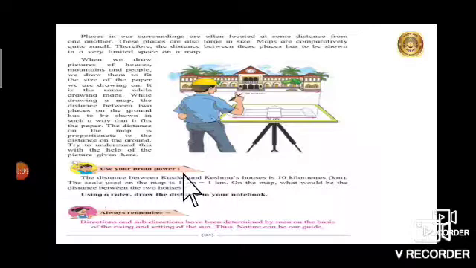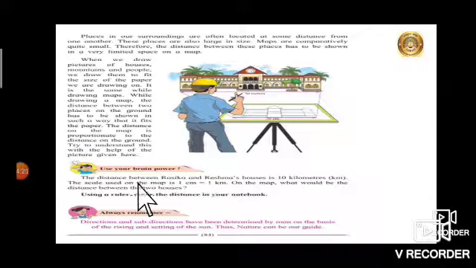Use your brain power. The distance between Rasika and Reshma's house is 10 kilometers. The scale used on the map is 1 centimeter equals 1 kilometer. On the map, what would be the distance between the 2 houses?